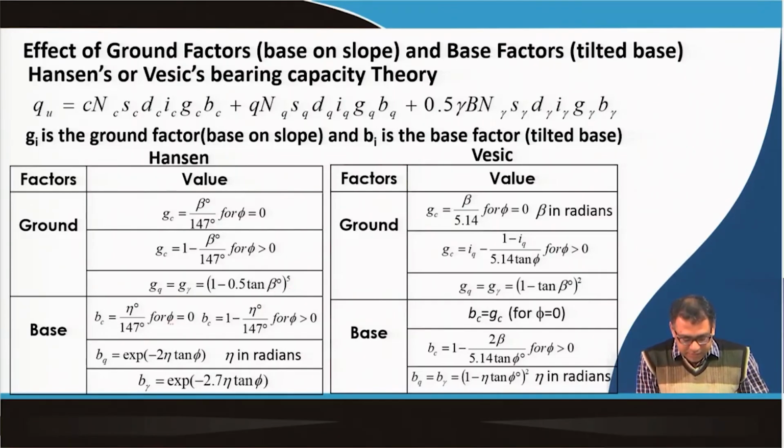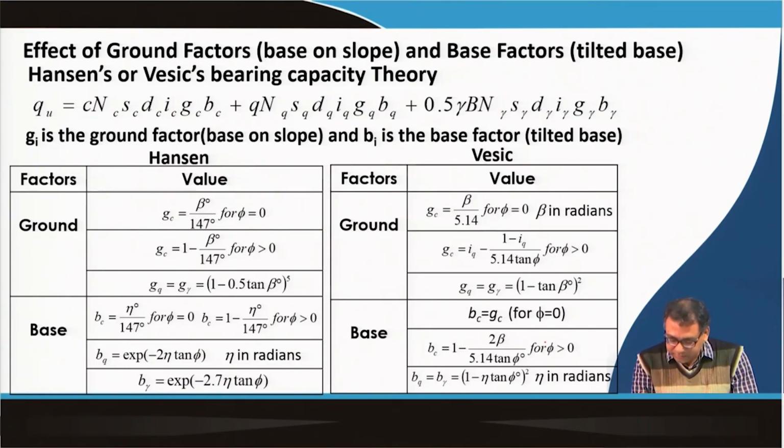Similarly, Bc can be determined by using this equation for phi equal to 0, and Bc by this equation if phi is greater than 0, and Bq by this equation. But remember that here eta is in radian, and B gamma can also be determined by using this equation, where eta is also in radian.